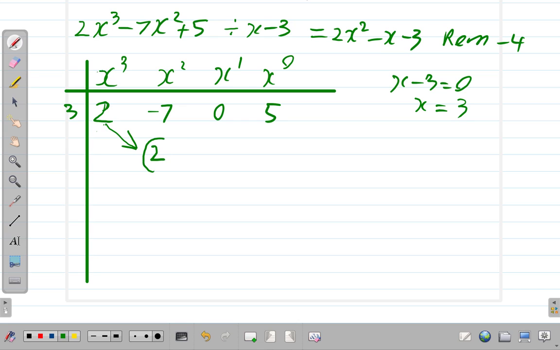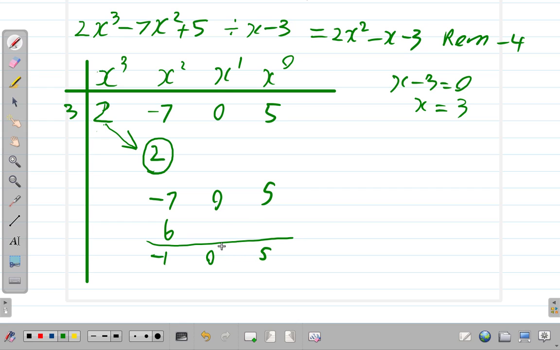So this is going to be the first item here. Now, let's rewrite the negative 7, the 0 and the 5, and put the 6 under here and add everything. Negative 7 plus 6 is negative 1. 0 plus 0 is 0, 5 plus 0 is 5.